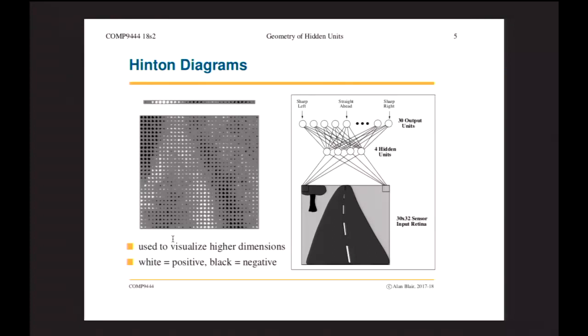So in this case, there are two different road positions that would cause this to have a high activation. A road in this position would cause it to have a high activation, but a road in this position would also cause it to have a reasonably high activation. So you get this kind of superposition.